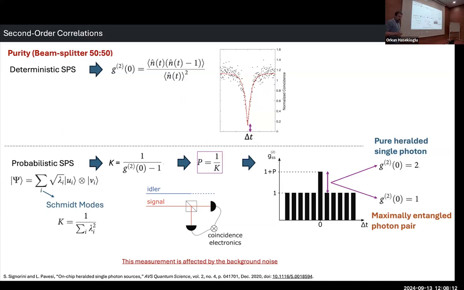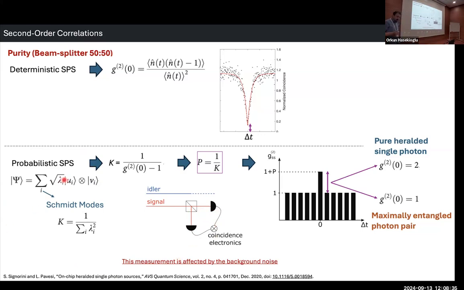And for a probabilistic system, we can define a purity. It's very similar to the joint spectral intensity measurement. You just check one channel and the G2 two photon correlations, the intensity correlation from this function.